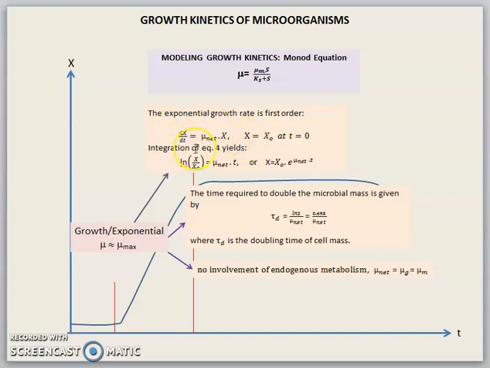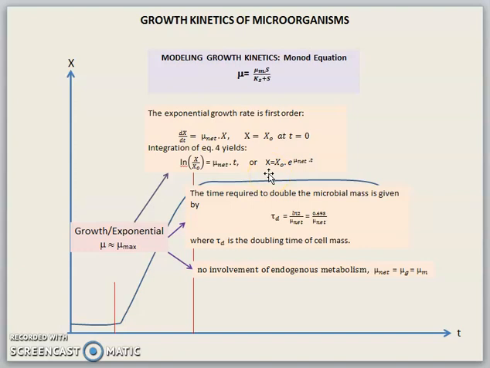It's similar, you just rearrange the equation. If x equals x naught at t equals 0, it starts with t0. Then you integrate the equation, and it will yield ln x over x naught equals mu net times t, or x equals x naught exponential mu net t.